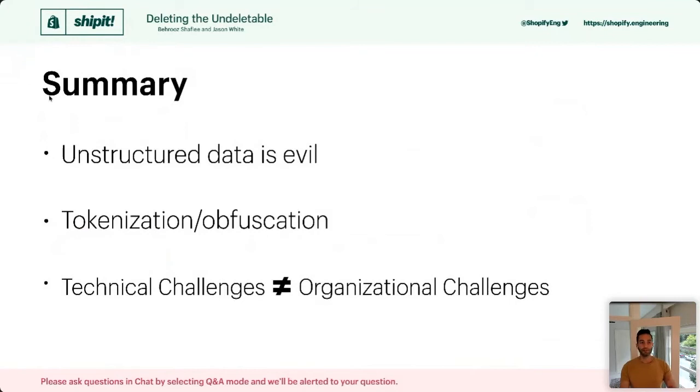So in summary, we learned that unstructured data is evil and it causes a lot of maintainability and privacy issues, and it should be avoided. We learned that pseudonymization, in particular tokenization and obfuscation, are very useful tools for handling personal information in large-scale data sets.